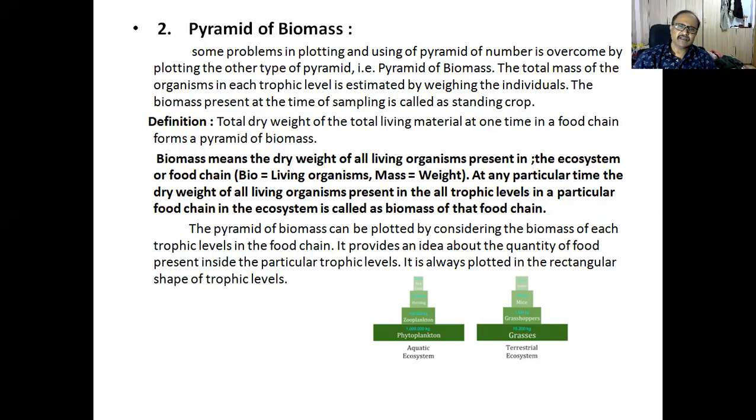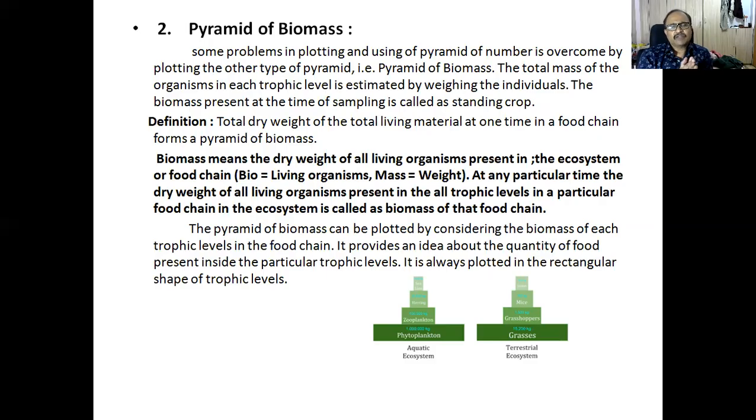Biomass means the dry weight of the living organisms. For example, प्रोड्यूसर लेवल है. प्रोड्यूसर लेवल में जो प्लांट है वो प्लांट हमने पूरे उखाड़ लिए, उनको ड्राई किया और उनका वेट किया. ओके, एंड दिस वेट इज कॉल्ड एज बायोमास.